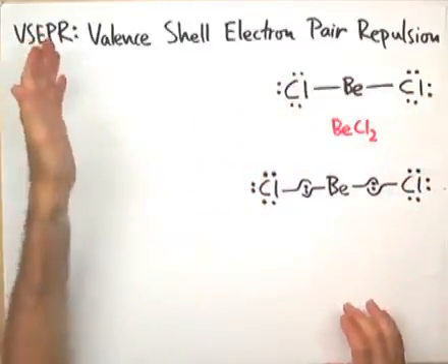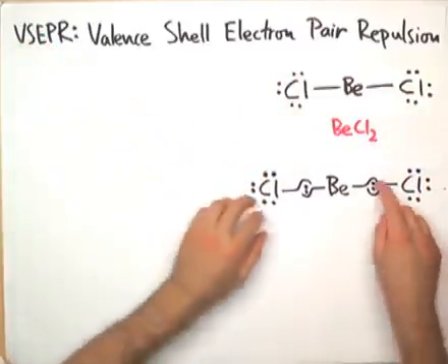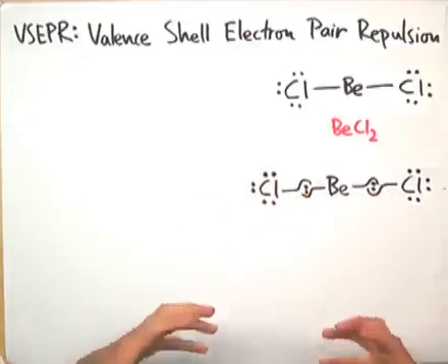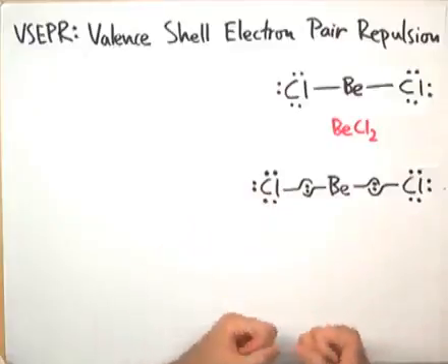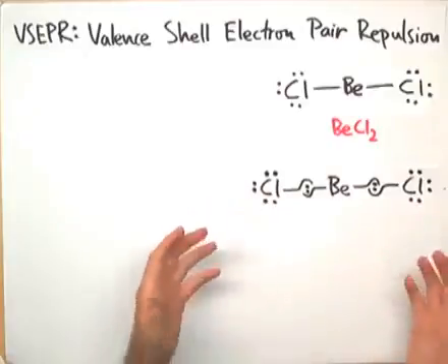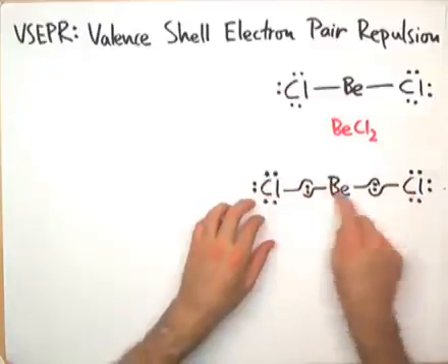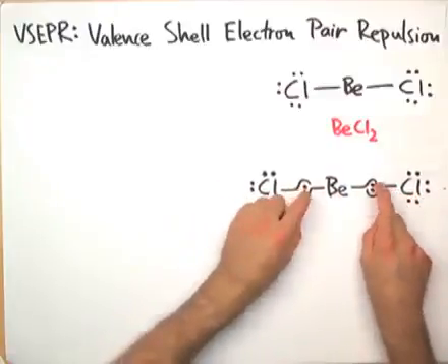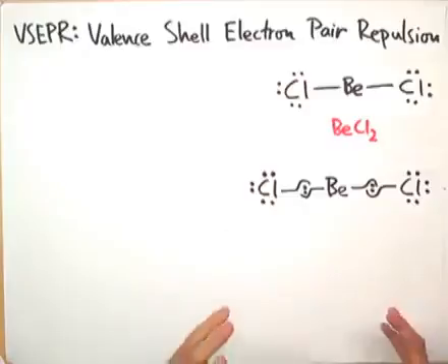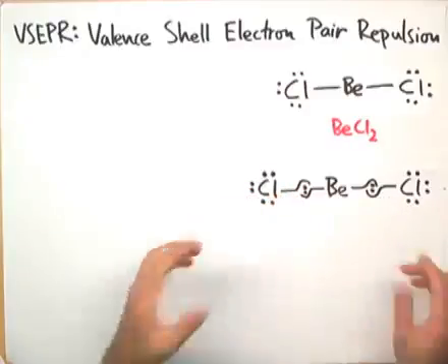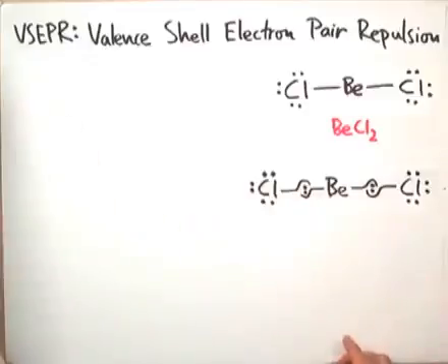So, as we said from VSEPR, these electrons want to be as far away from each other as possible. They want to repel. So, how is this going to influence the 3D shape of this molecule? How can these bonds arrange themselves in 3D so that they are as far away from each other as possible?